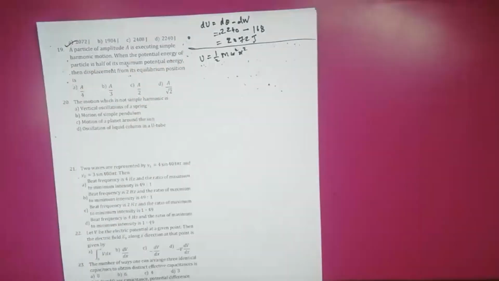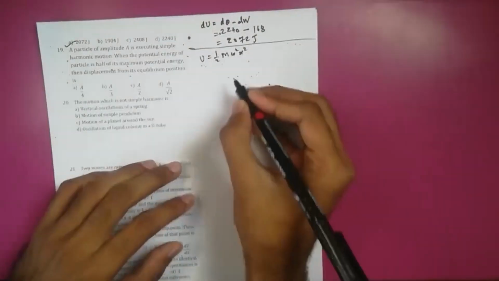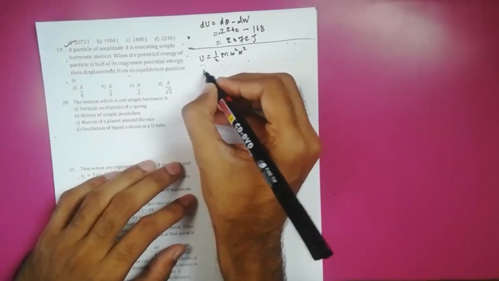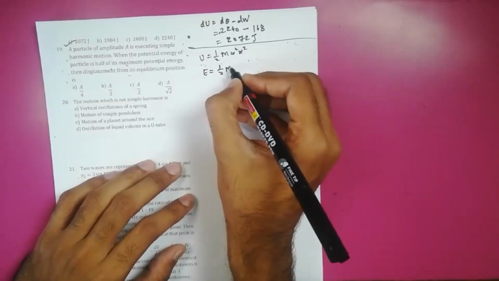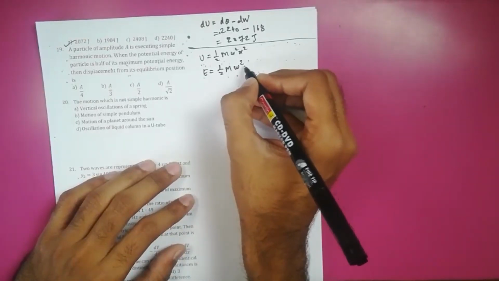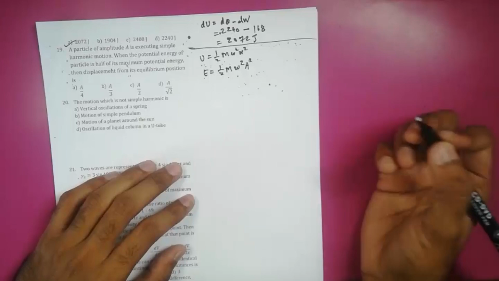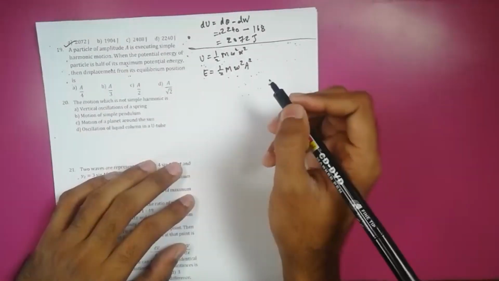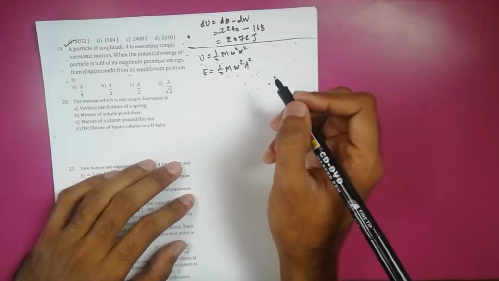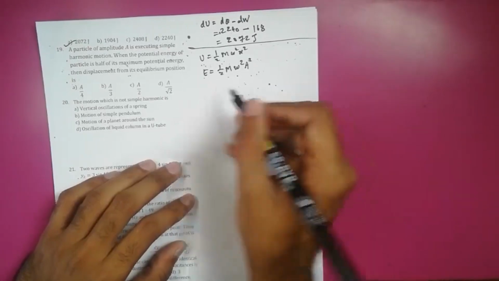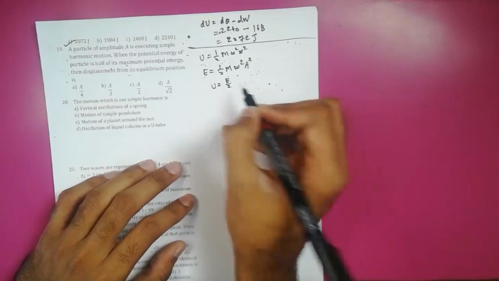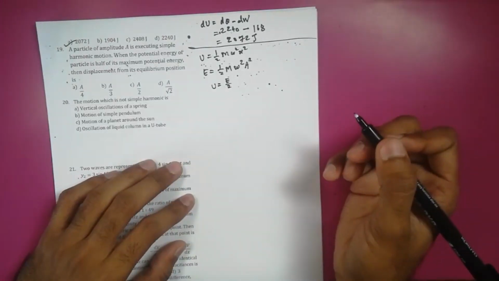Now, we know that your potential energy is half of the total energy, right? So just substitute all those values. Half m omega square x square is equal to half of half m omega square a square. So m and omega cancel out.